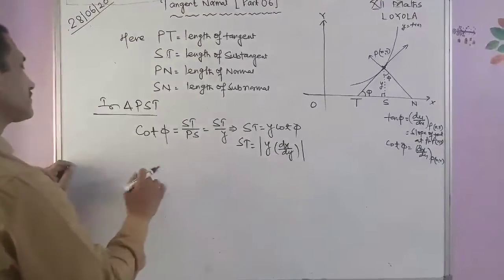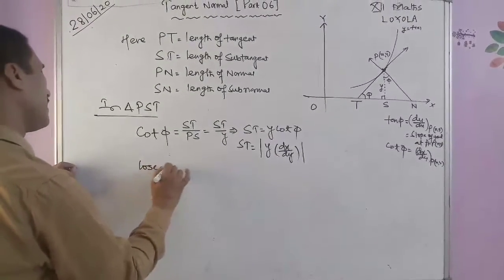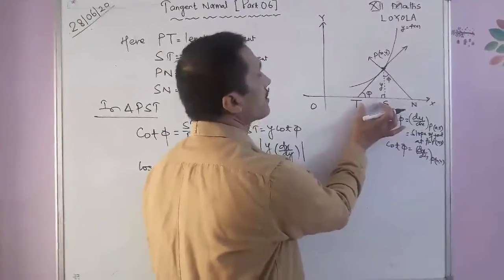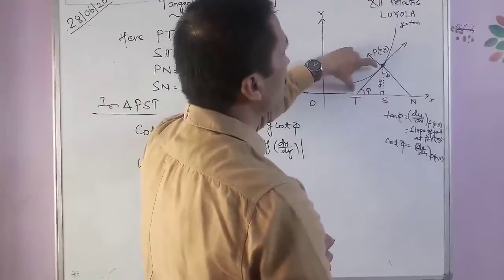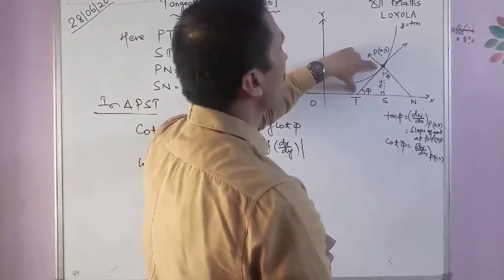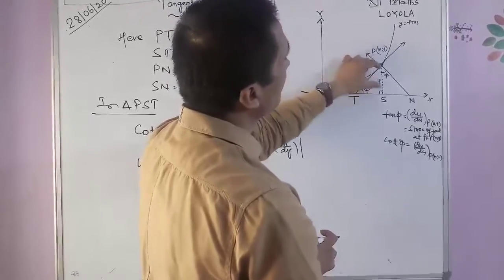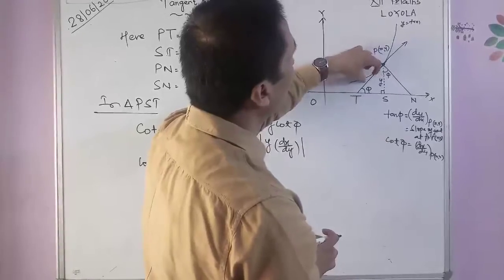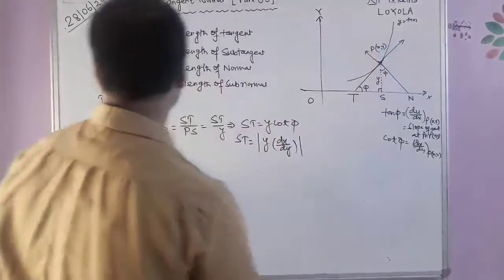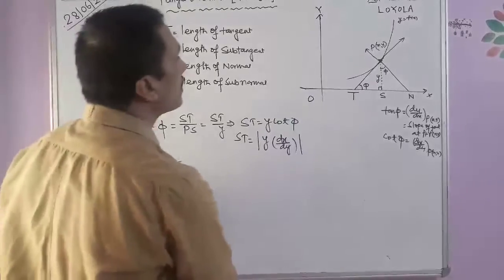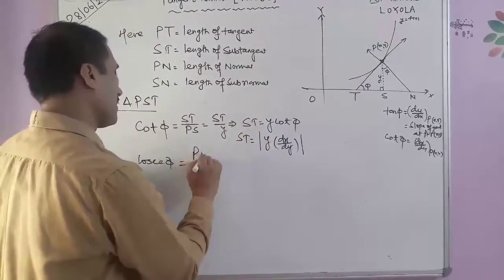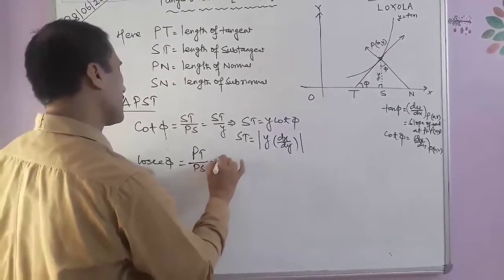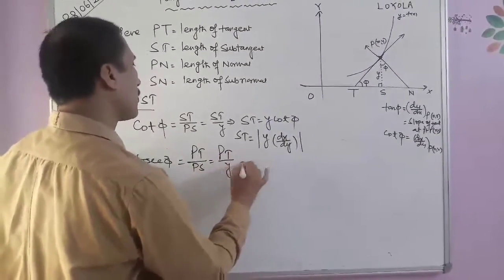Similarly, we have already found the formula for subtangent. Now we have to find PT. Here the known information is this length y and the equation of curve. So we relate this and this. We take here cot phi, h upon p, PT upon PS, PT upon y.